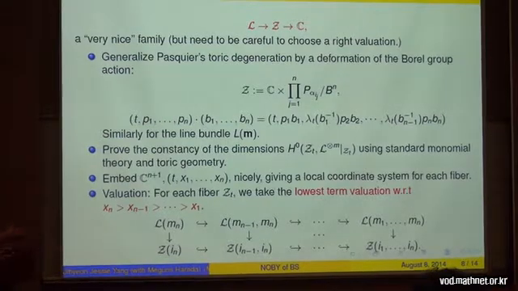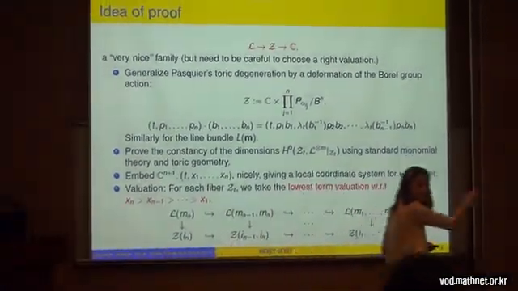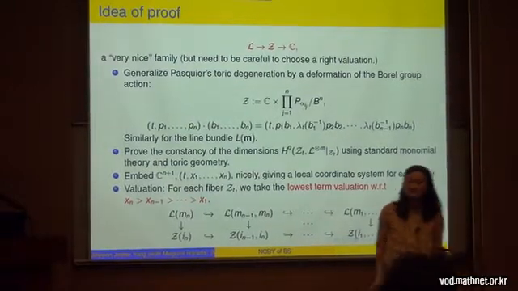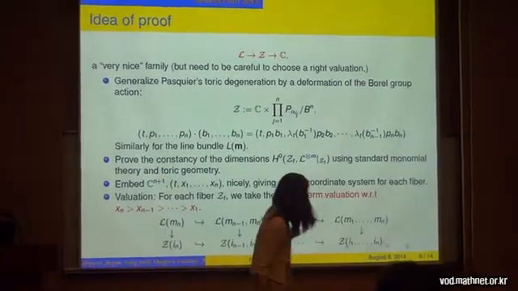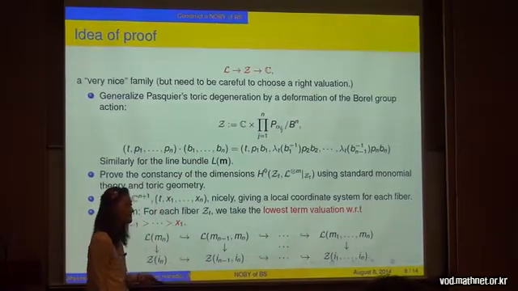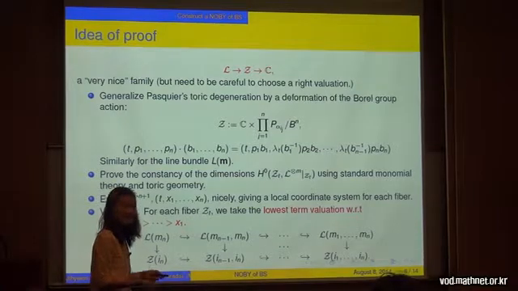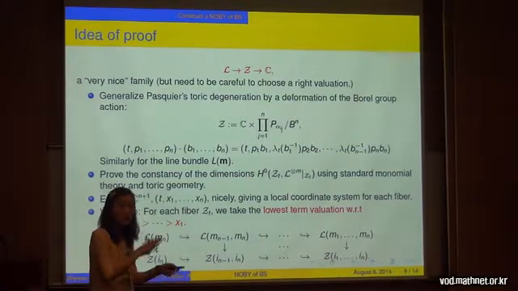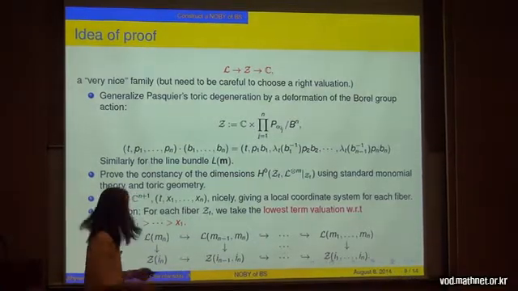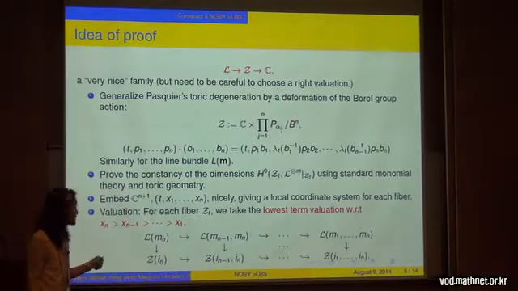So there's an inductive process to come up with this extension F tilde. This lowest term valuation can be identified with the valuation given by vanishing order along this coordinate system: xn is 0, xn minus 1 is 0, and so on.